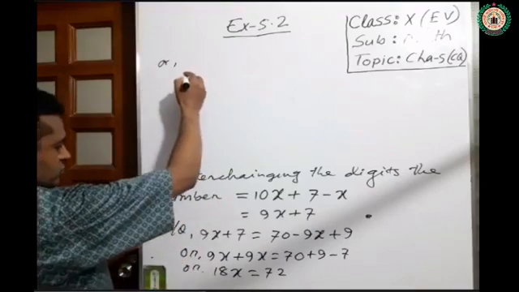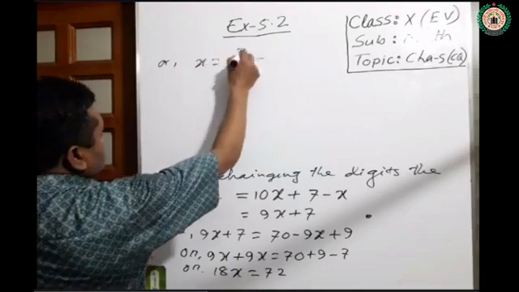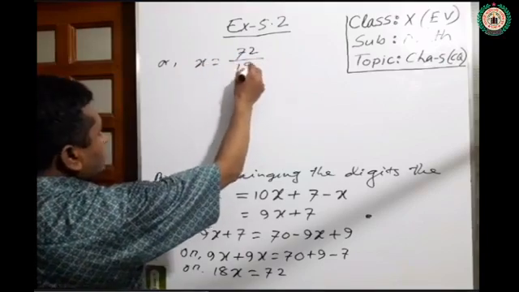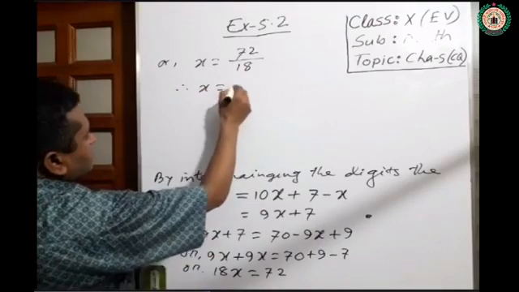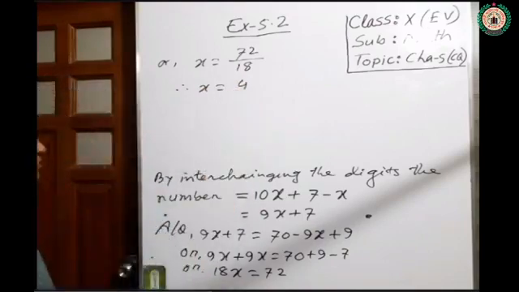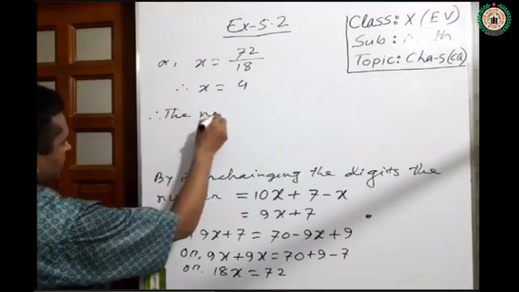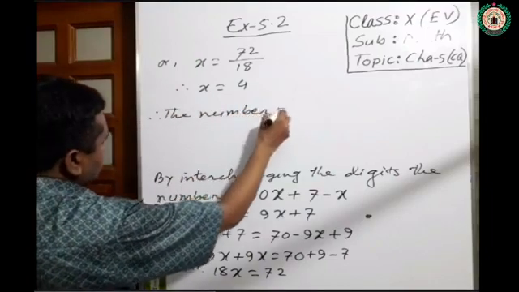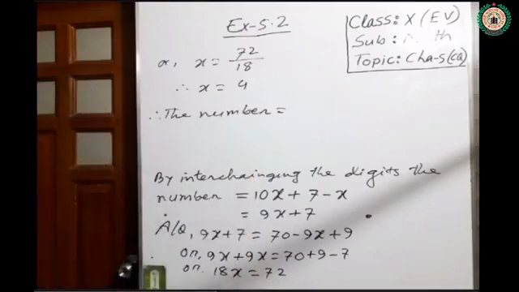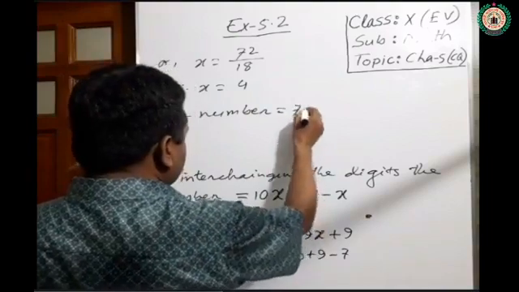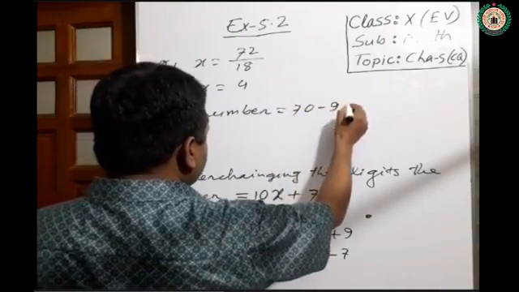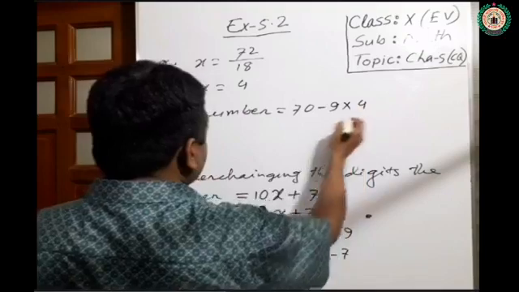Or x equal to 72 by 18, therefore x equal to 4. So putting the value of x, we get the number equal to 70 minus 9x, x is 4.